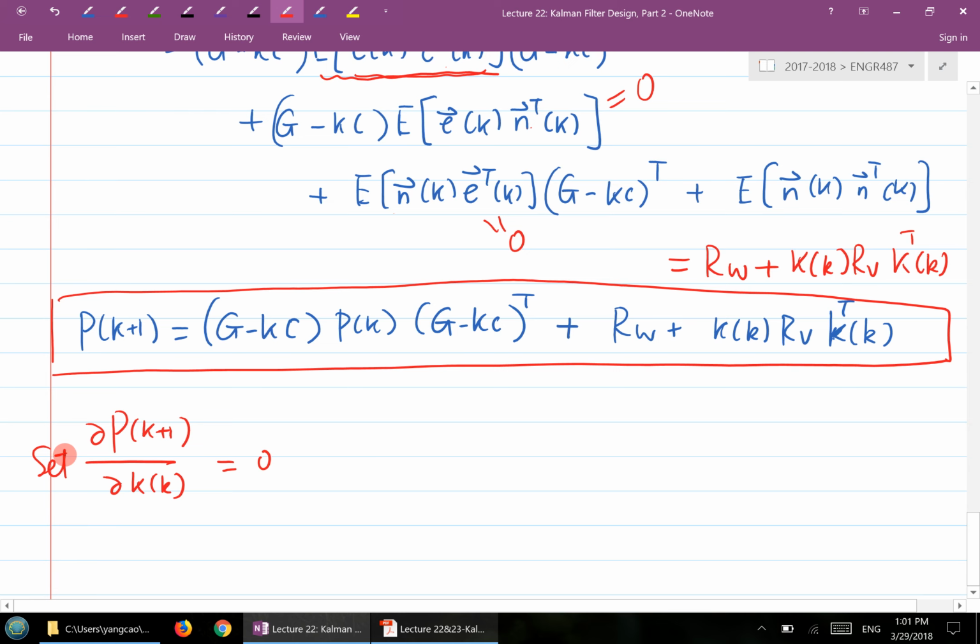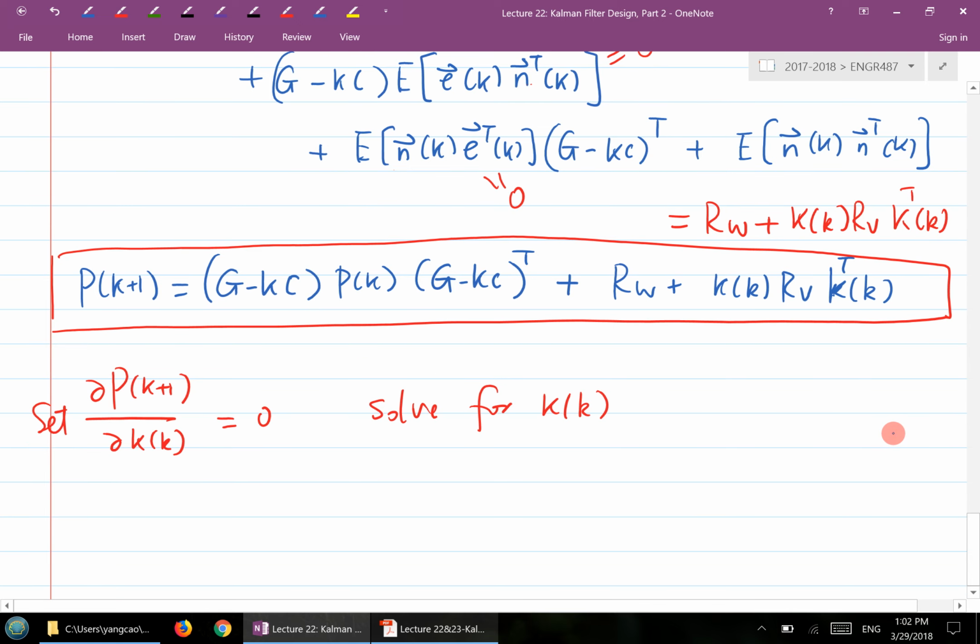And that solution will give us K. So set equal to 0 and solve for K here. That's becoming this objective.